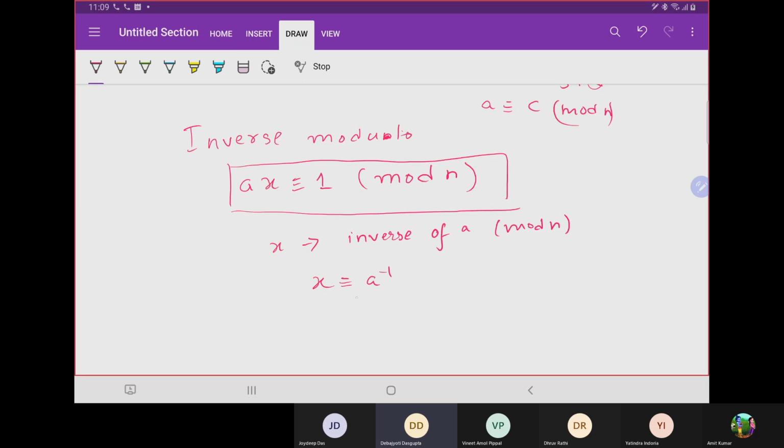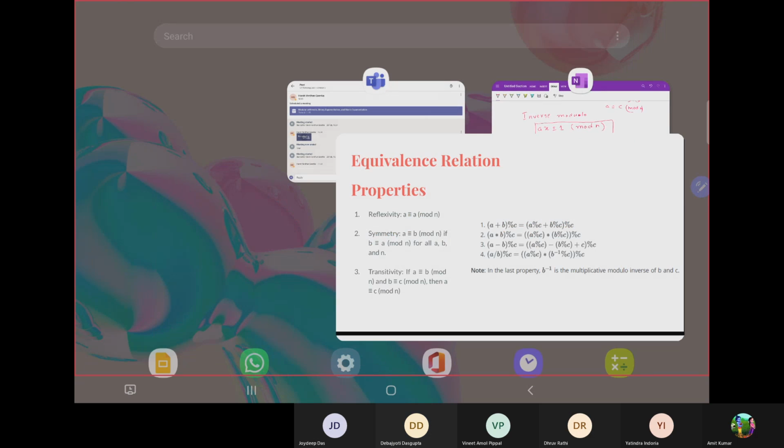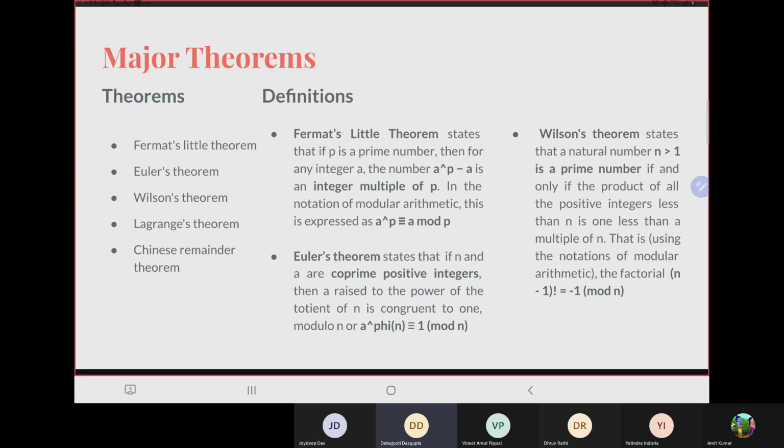When we multiply by B, we get Bx congruent to B A inverse. We can multiply the same numbers on both sides when we are doing congruence modulo. So B mod A is basically equivalent to what we are doing as B by A. Hence we are taking the inverse and doing a product with it.